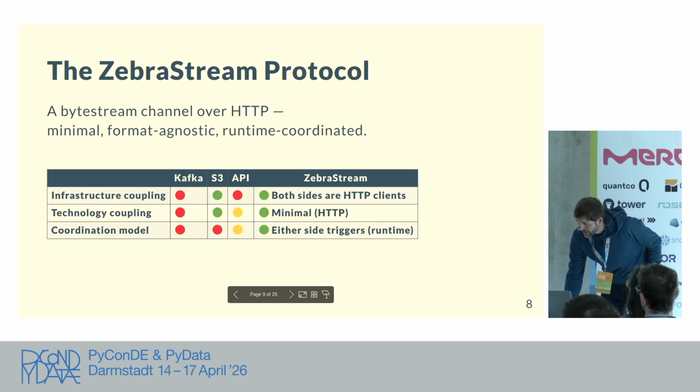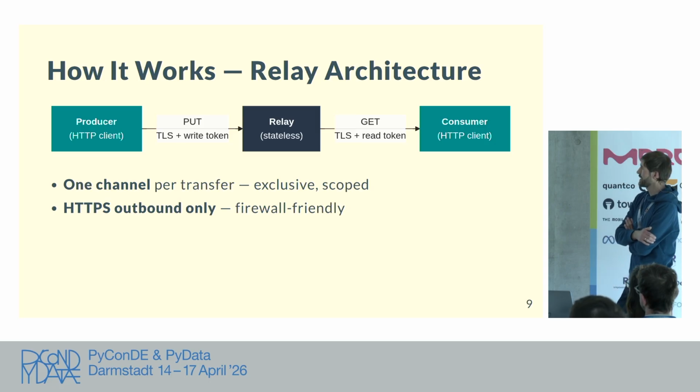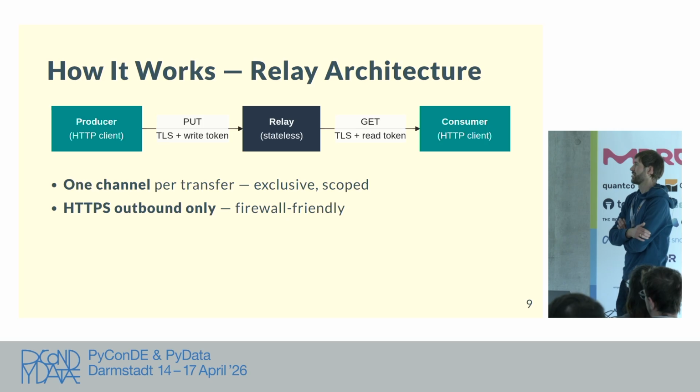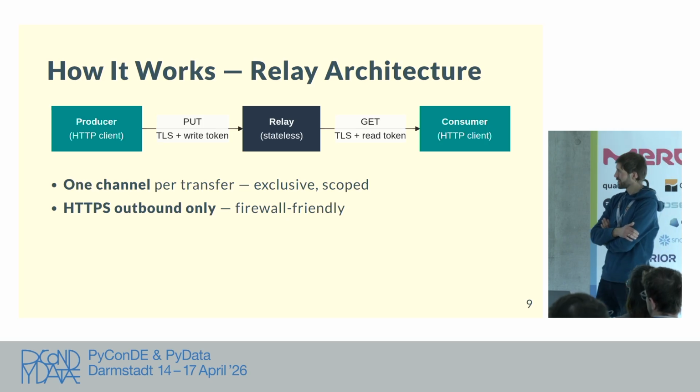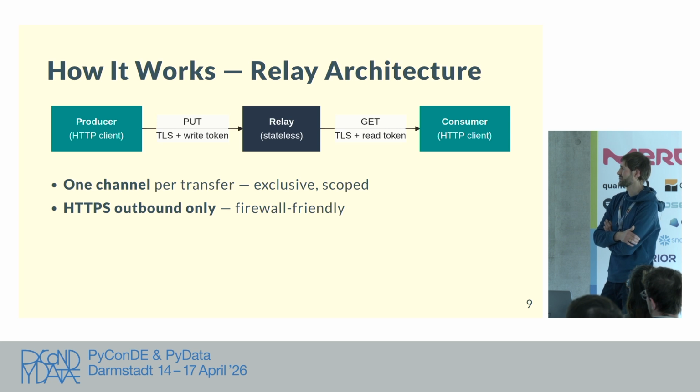So how does it work in detail? This is the relay, which we also call the data API. And it's really simple. It just connects two requests. One is the put request, one is the get request. So there's an upload and a download that's connected in real time.